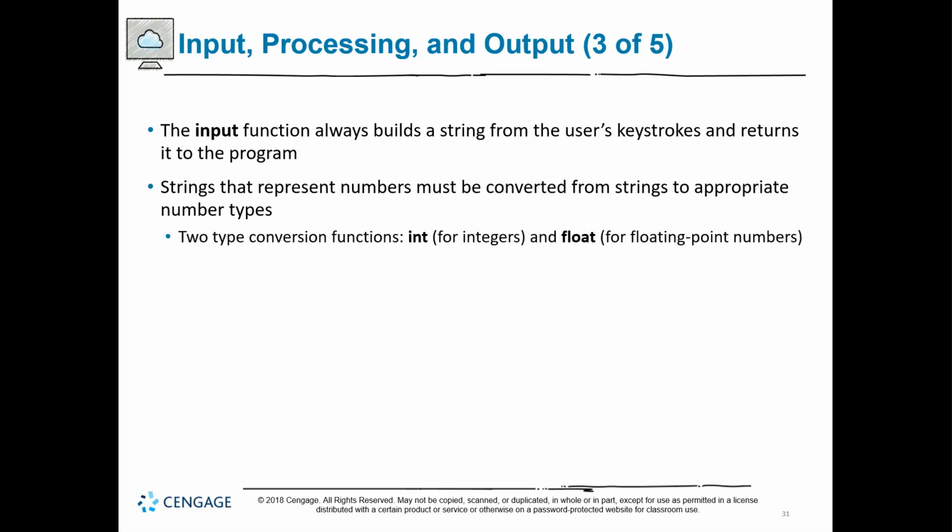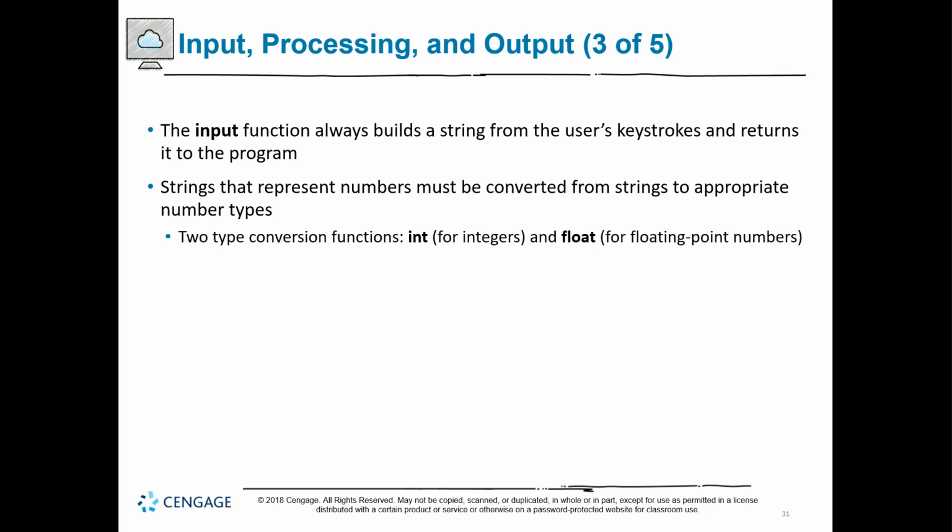So from there, the input function will always build strings from the user's keystrokes, and it typically returns it to the program. Strings that represent numbers must be converted from a string to the appropriate number type. For example, there are 2 main conversions, integer, int, or float. The float will be for a floating point number.